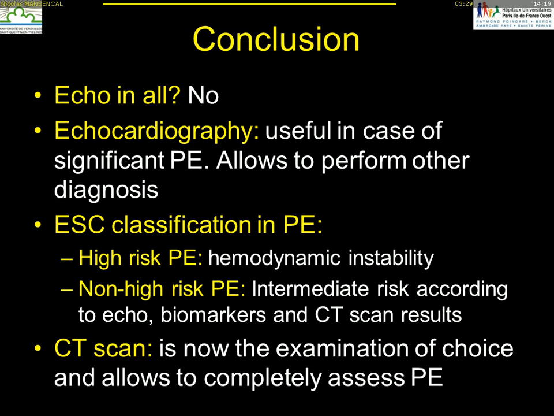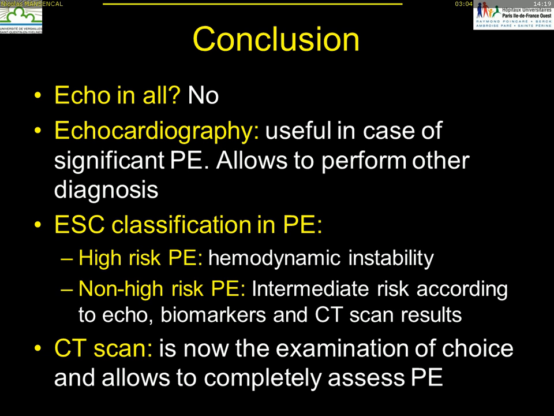In conclusion, is echocardiography necessary for all our patients presenting with pulmonary embolism? The answer is clear, no. However, echo is useful in case of significant pulmonary embolism. And also, it allows to perform other diagnoses.